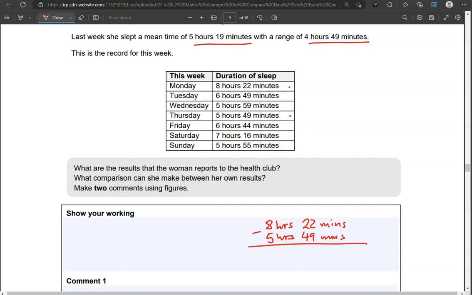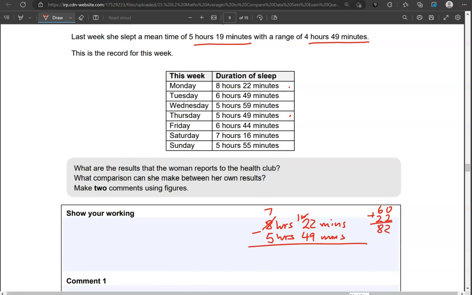So we'll need to take away 49 from the 22, which means we've got to borrow 1 hour. So that is 1 hour now and 22 minutes. In 1 hour there are 60 minutes. Add the 22 gives us 82 minutes.